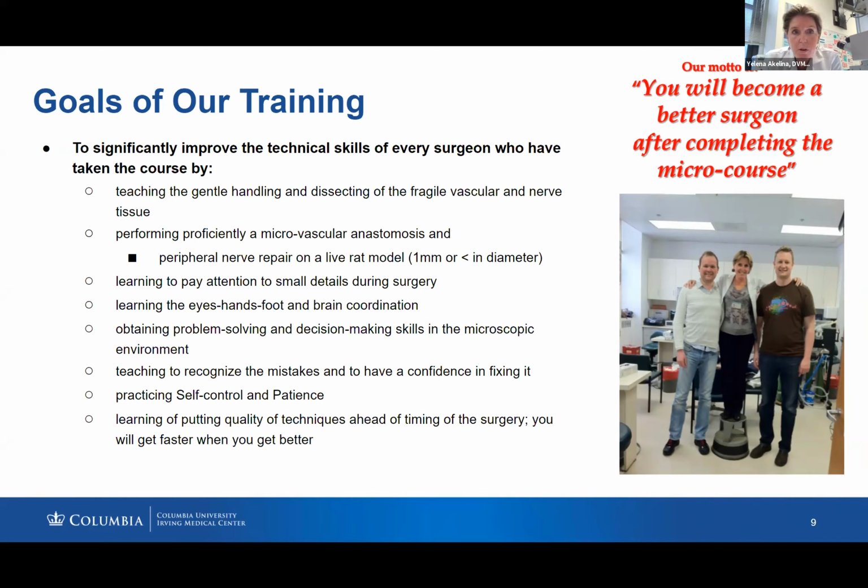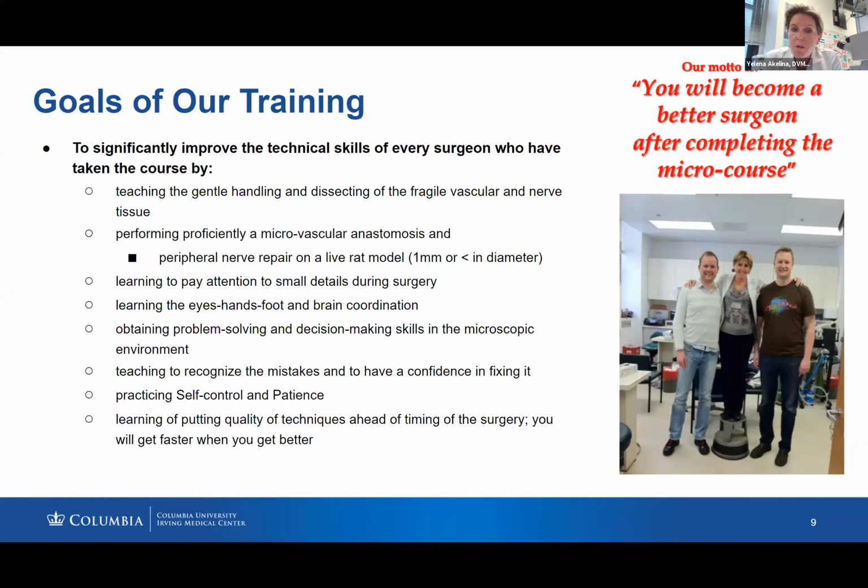And you can see the goals of our training are exactly echoing the difficulties people experience while learning microsurgery here. So we're teaching them how to gently handle and dissect the very fragile tissue of the vessels and nerves. We are teaching them how to perform proficiently microanastomosis of vessels and peripheral nerves, which are 1 millimeter or less in diameter.